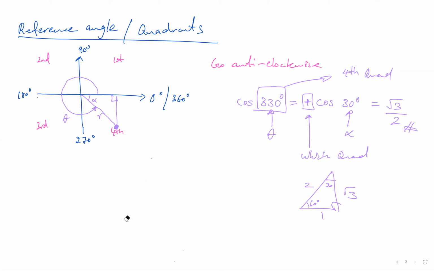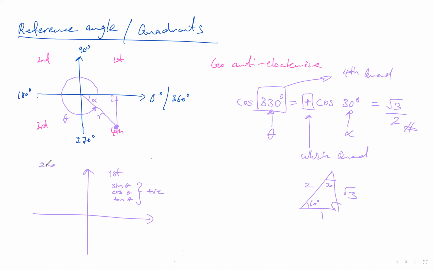So this being done, now we go more in depth into the quadrant itself. In the first quadrant, sine, cosine, tangent, all are positive.